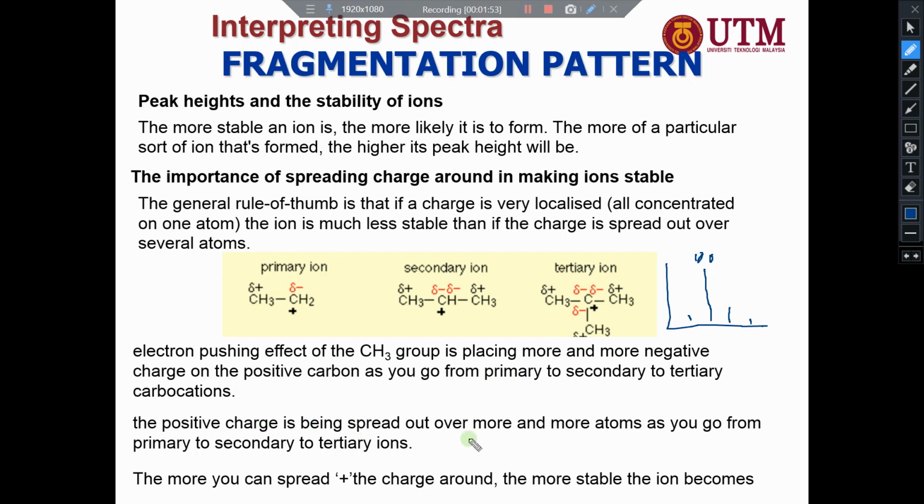The positive charge is spread out over more and more atoms as you go from primary, secondary to tertiary ion. The more you can spread the positive charge around, the more stable the ion becomes. As you can spread out your charge much better, the ion is more stable to form. Alright.